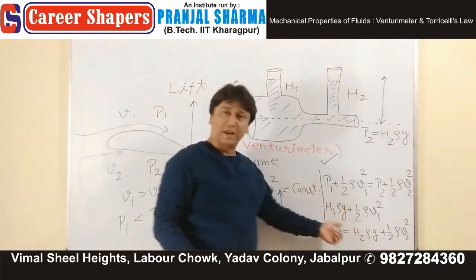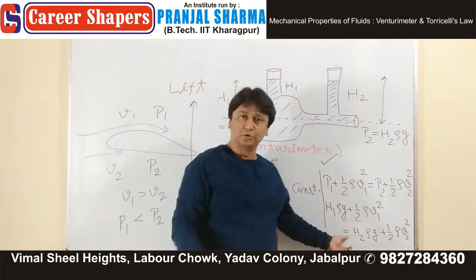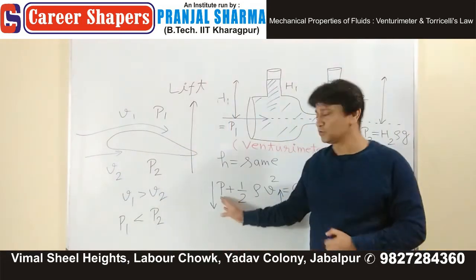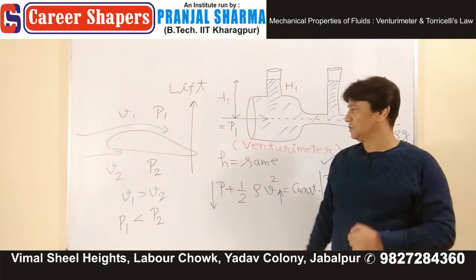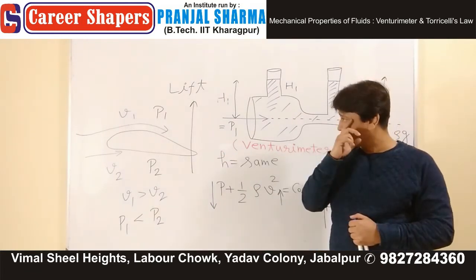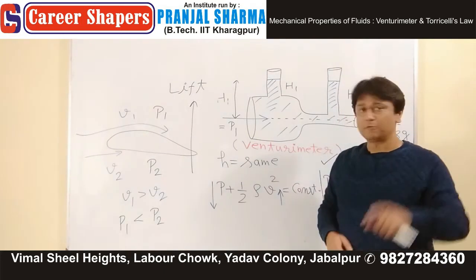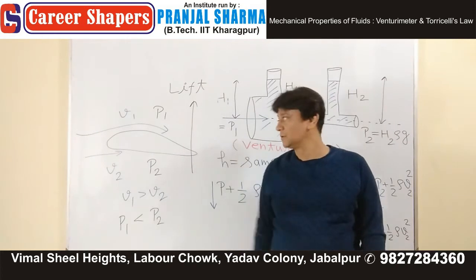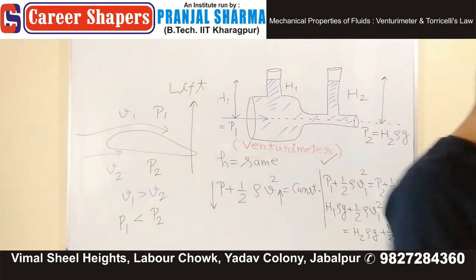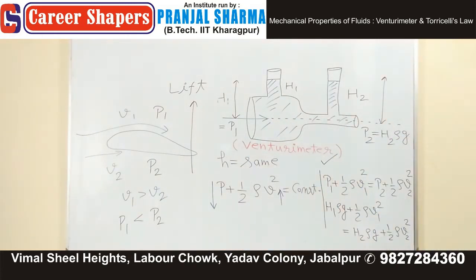The formula which we gain in terms of H1, H2 or in terms of P. This is the working of an aeroplane. Those who are interested can note down this figure. Write down working of a wing of an aeroplane. Simply write that.